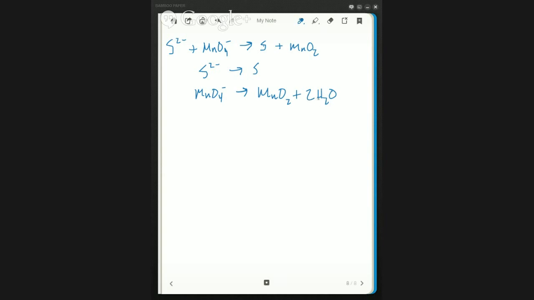Now that I have my 2 water, I need to make sure that I also add in my hydrogen ions to balance those out. So 2 water, 4 hydrogen ions. Now, because I have each of my hydrogen ions already in position, things are moving great there.